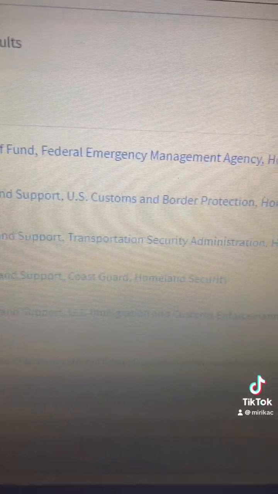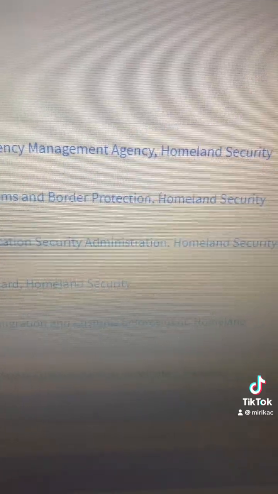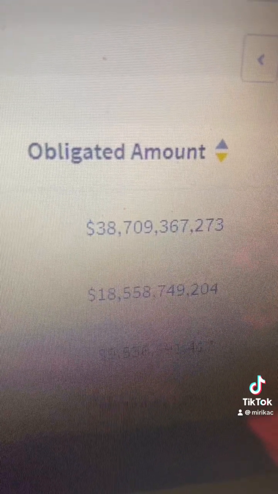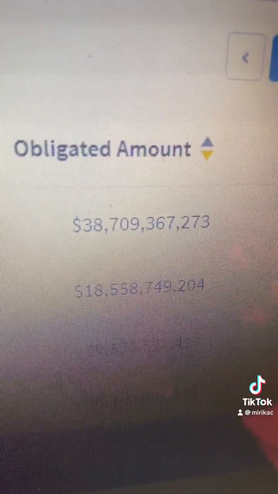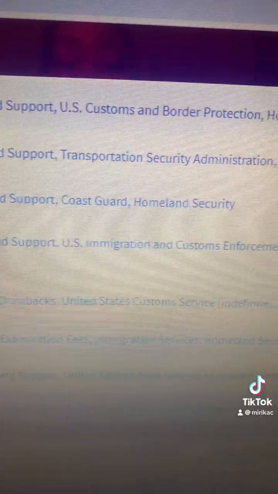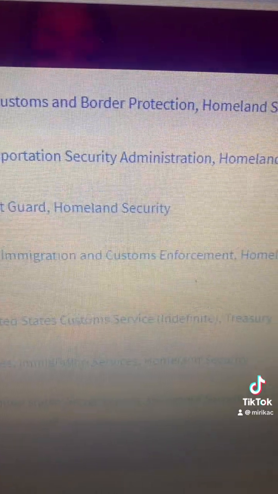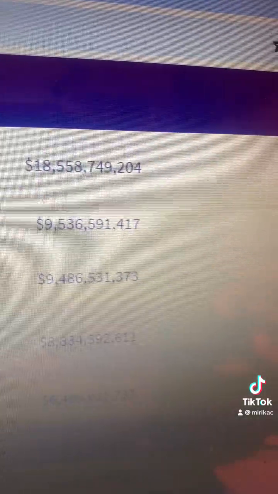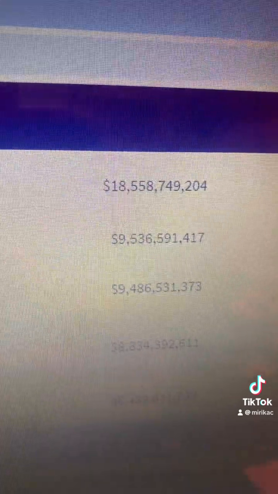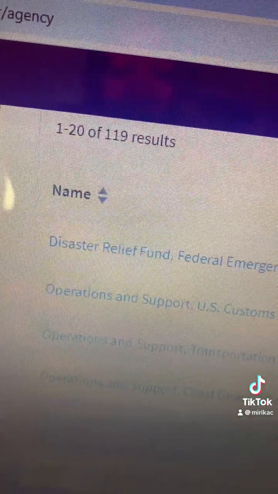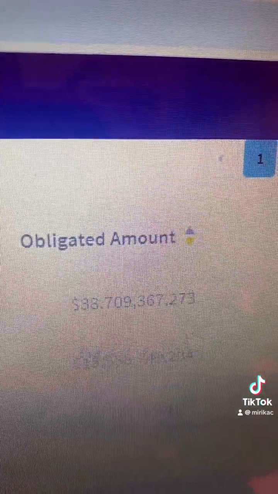Operations and support, U.S. Customs and Border Protection under Homeland Security, 15% of that, which is that big dollar sign, okay? All of this up here is Coast Guard, Transportation Security Administration, Immigration Customs Enforcement. These are all at the top. So the Disaster Relief Fund, FEMA, is this much.